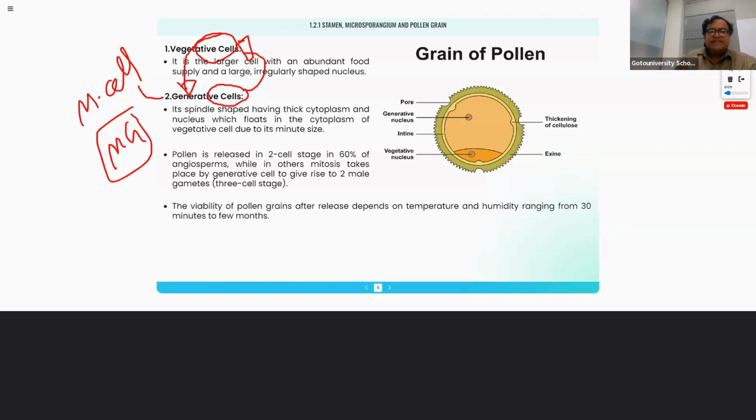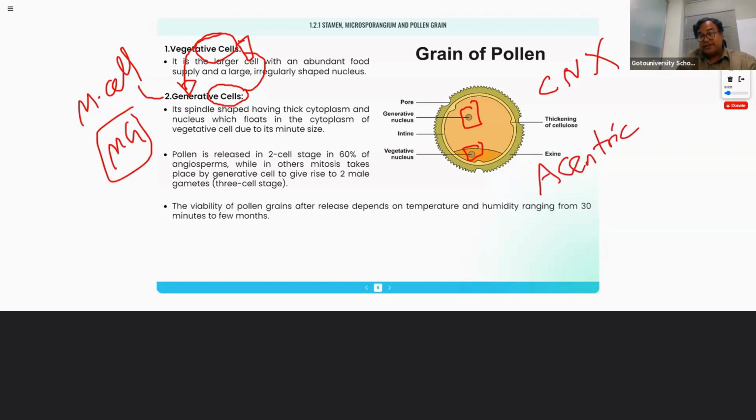In the cytoplasm of the pollen grain, the generative cell nucleus is present here, and the vegetative cell nucleus is present here. By seeing this picture, what type of question will come in the CBSE board exam? In the pollen grain, are you observing a centric nucleus? No. Are you observing an acentric nucleus? Yes. Why?